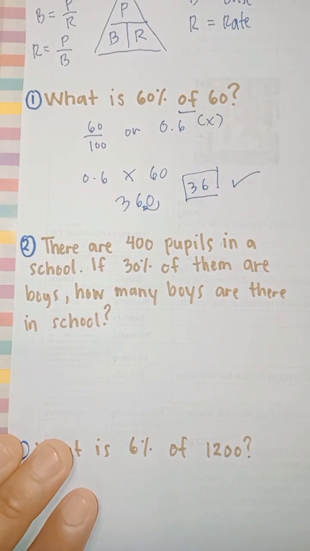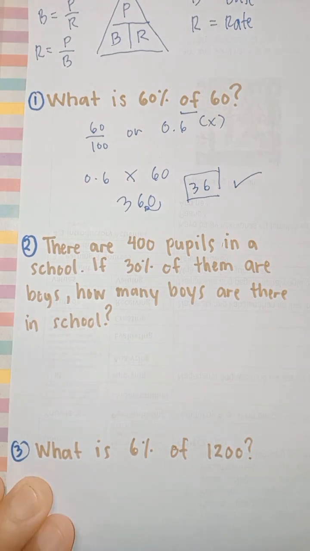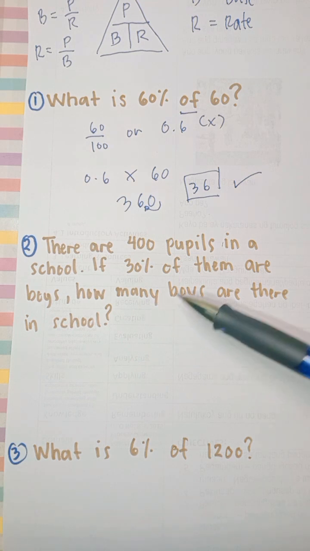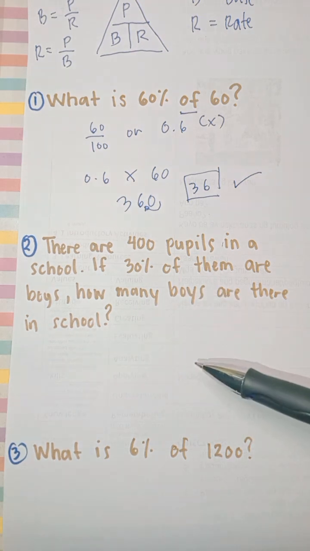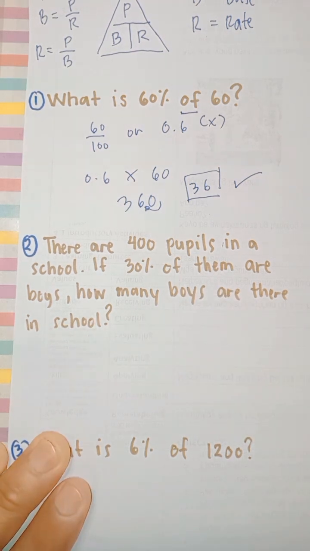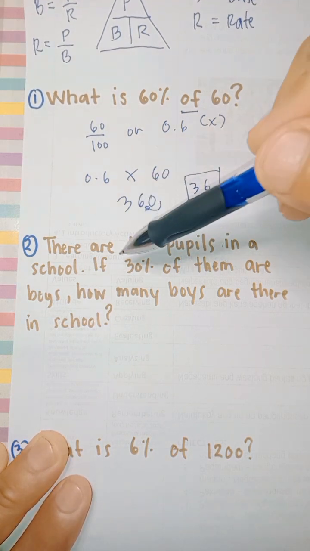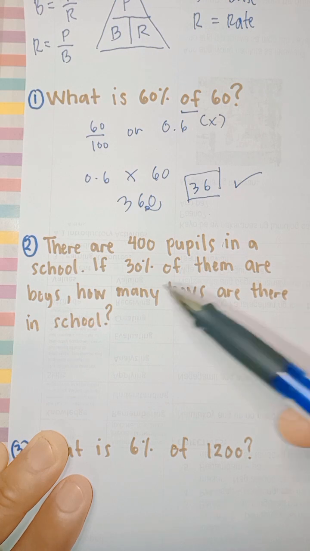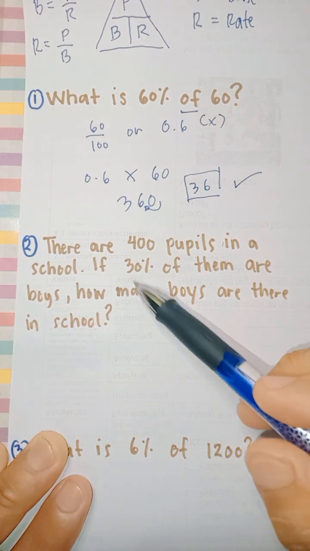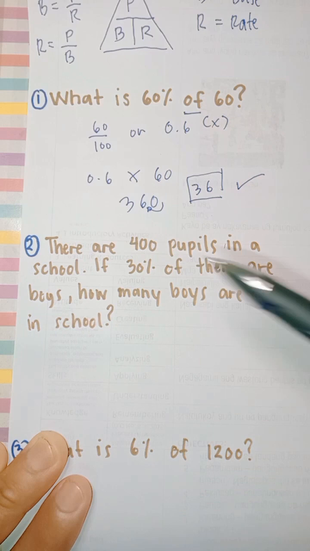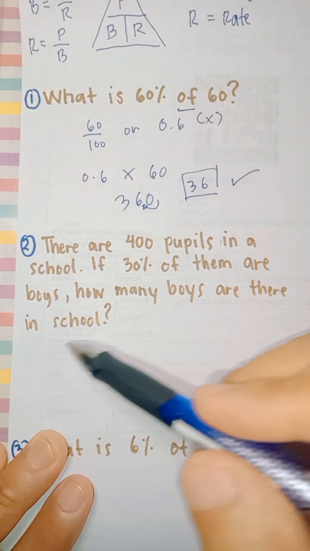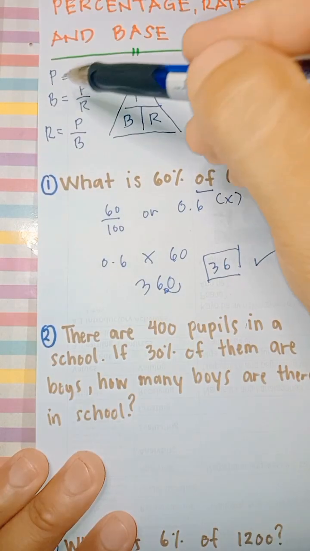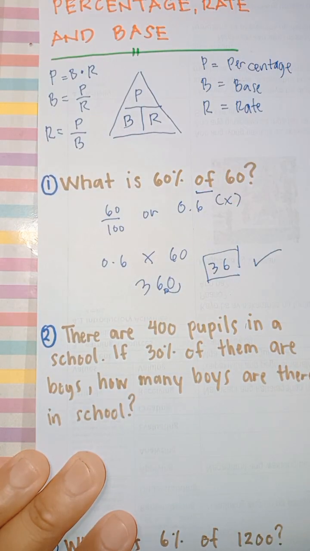Now let's proceed to question number 2. There are 400 pupils in a school. If 30% of them are boys, how many boys are there in school? The total pupils in school is 400, so this is the base. And the boys consist of 30% of the total pupils, so this is a percentage question. Remember, percentage is base times rate.